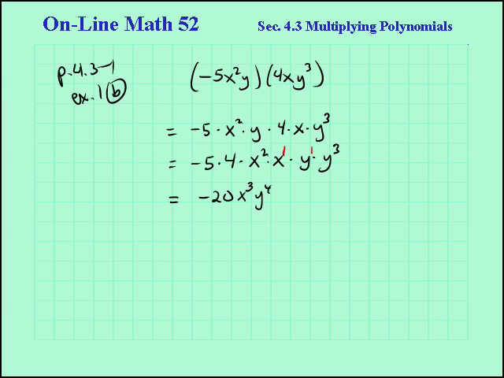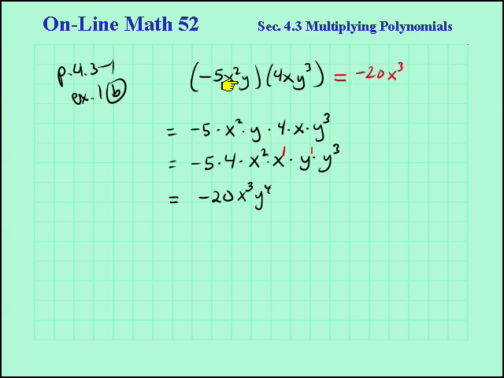And, you know, this could have been done in just one step. If you think about it, we're not doing any kind of distribution, everything, like I said, is multiplied. So it's negative 5 times 4, negative 20. And then x squared times x is x cubed.